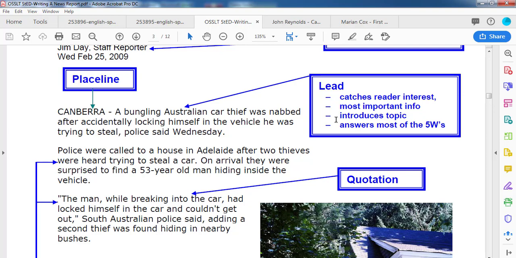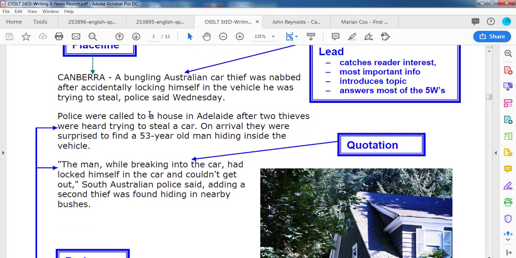It should catch the reader's interest. It is the most important information introduced in the topic, and you have to answer most of the WH questions: what, how, where, why. Leave the how if you wish to speak about the body.